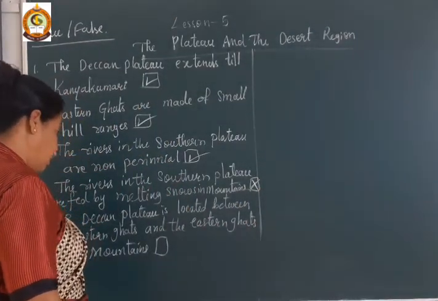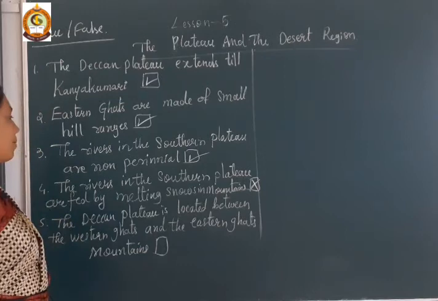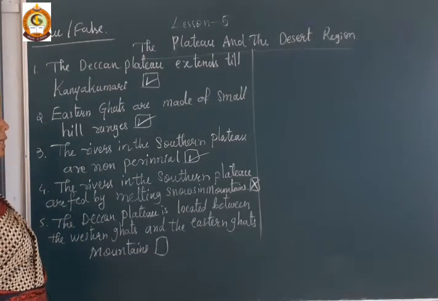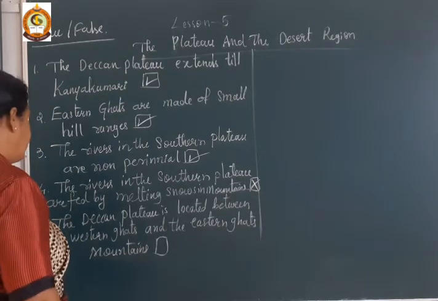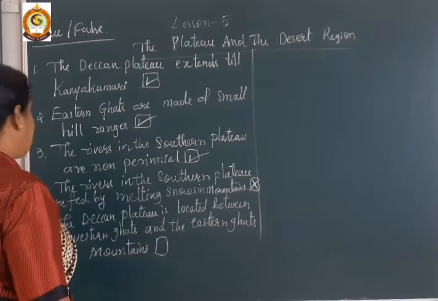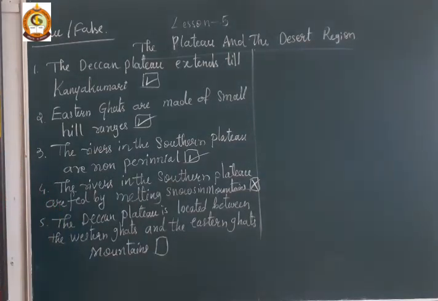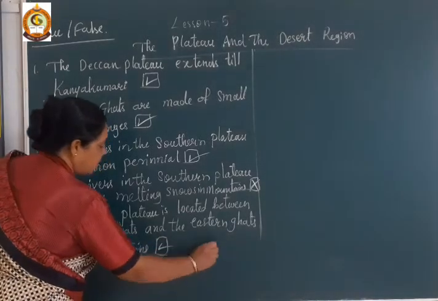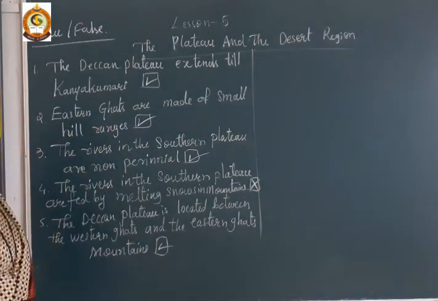Number 5, the Deccan Plateau is located between the Western Ghats and the Eastern Ghats mountains. Yes, dear student, this is also a right sentence.